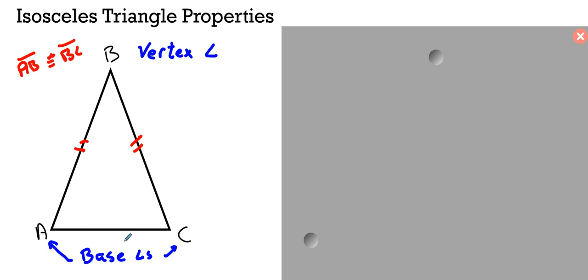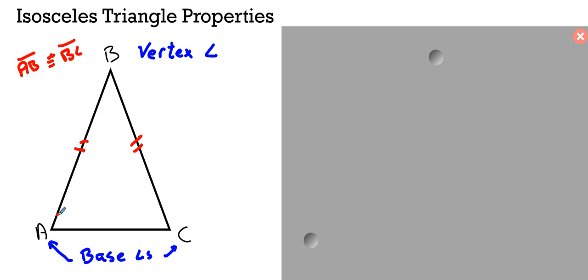And I believe we alluded to the idea that when we know we have two congruent sides, as we do here, do we have anything else that might be congruent? That anything else is going to be our base angles.